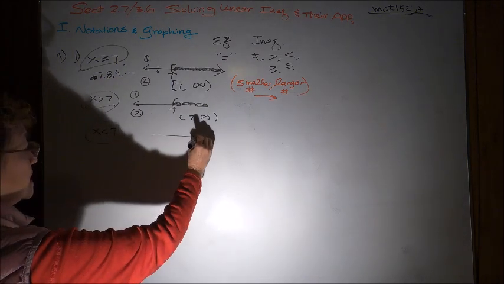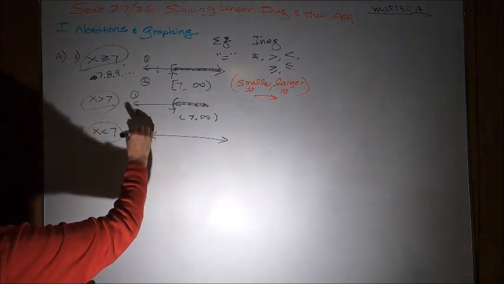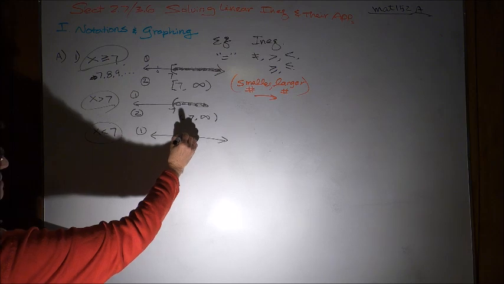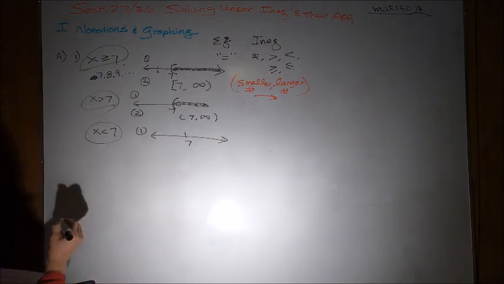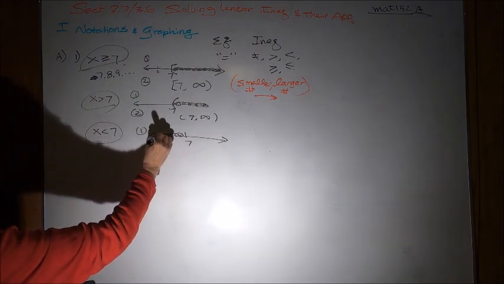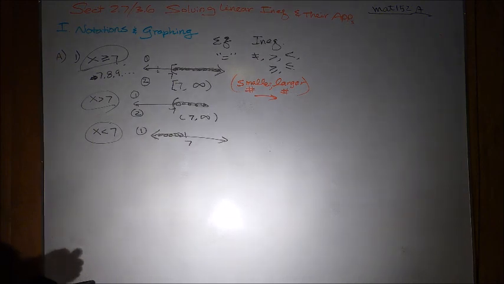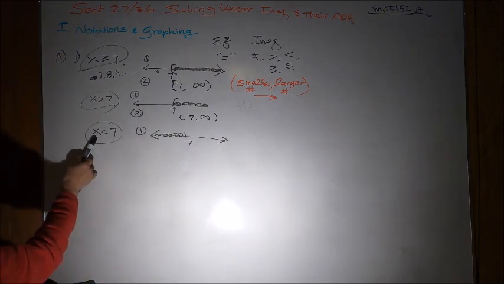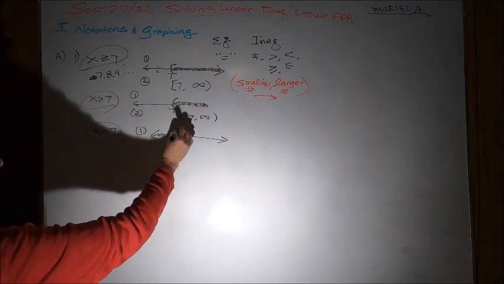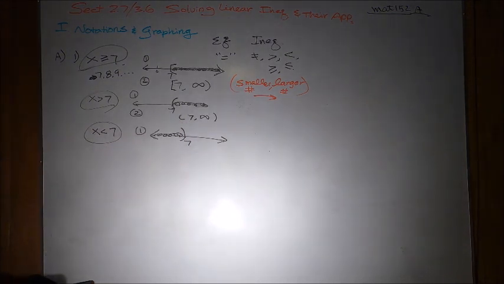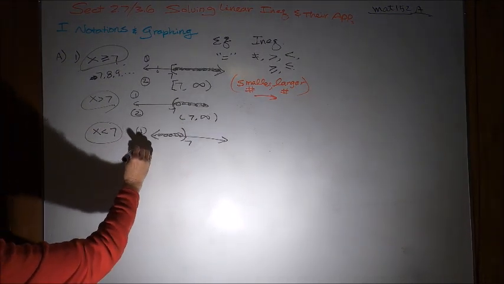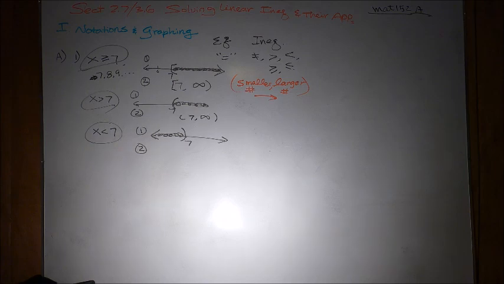Then if it's less than 7, we use graphs. So here is the 7, we go where? To the left forever, right? Do we include the 7? No, so we use parentheses.